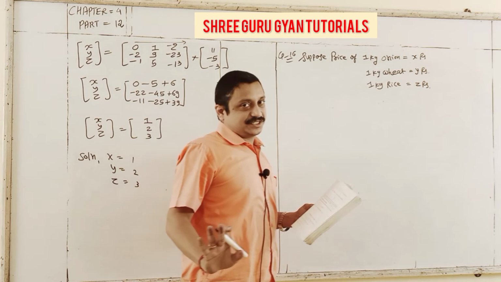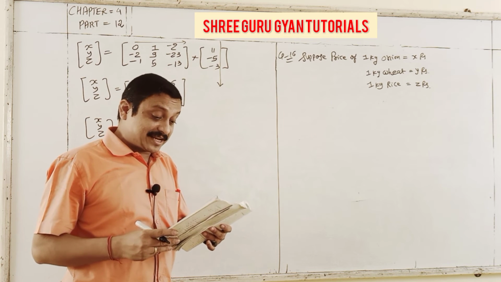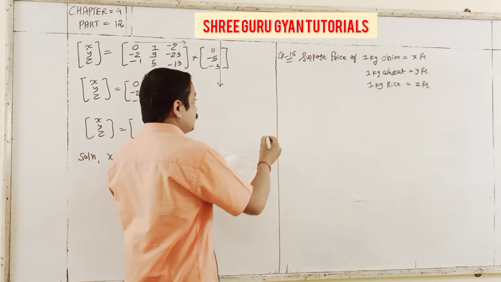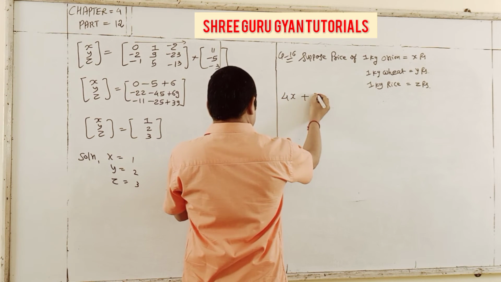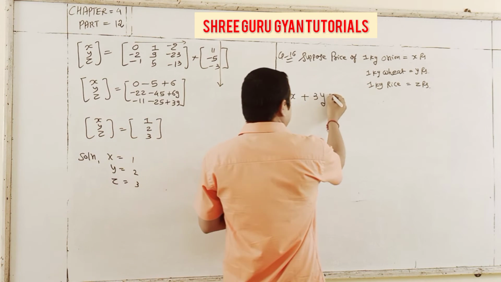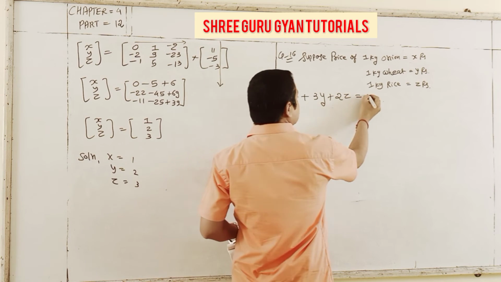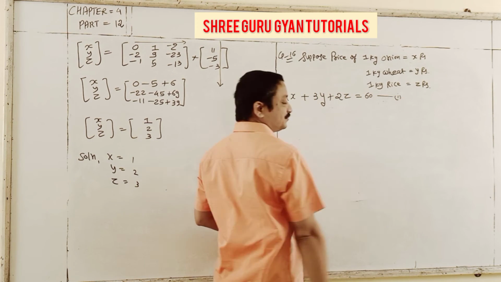This is the given information. Now 4 kg onion, 3 kg wheat and 2 kg rice total 60 rupees. So 4 kg onion means 4x, 3 kg wheat is 3y and 2 kg rice is 2z, giving 4x + 3y + 2z = 60.